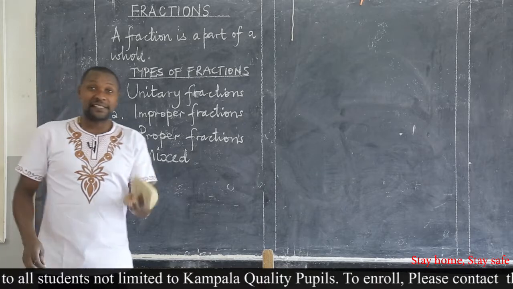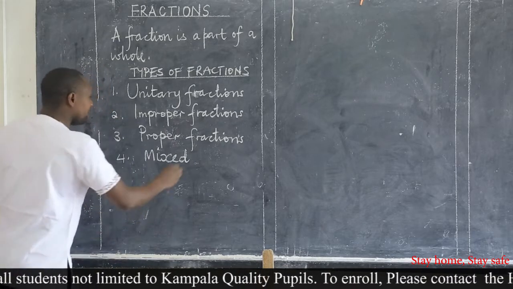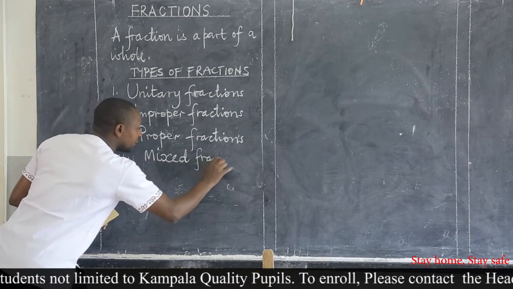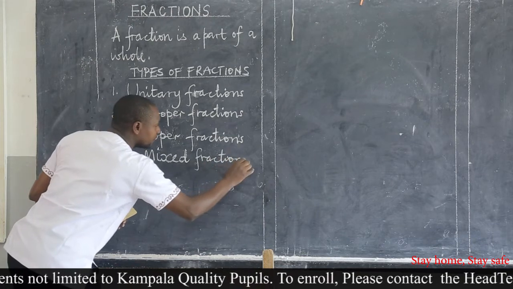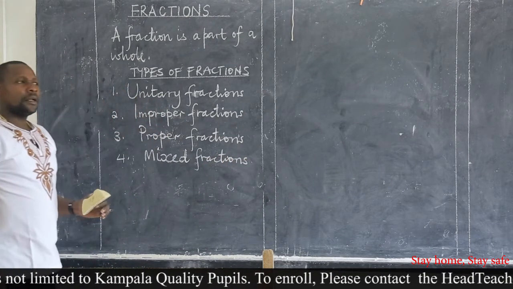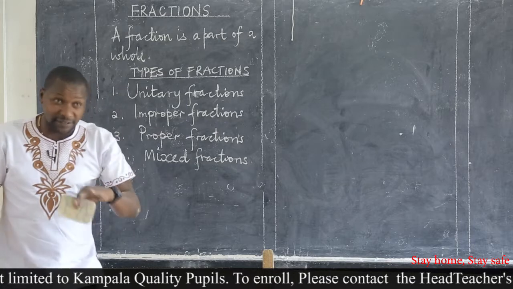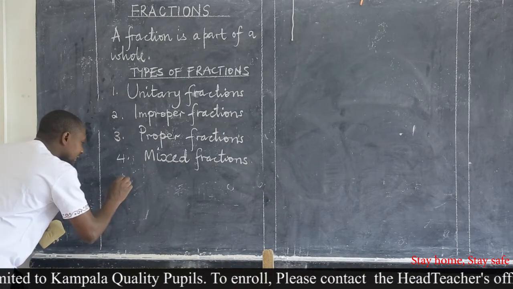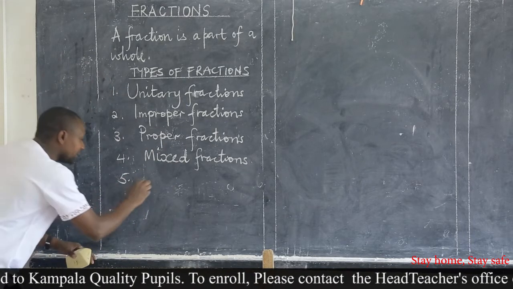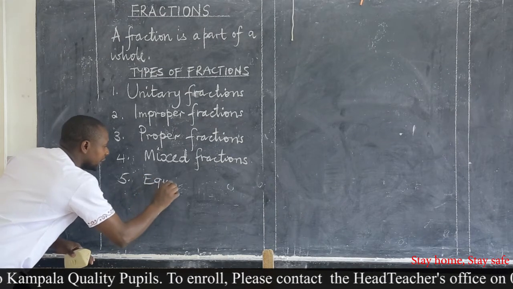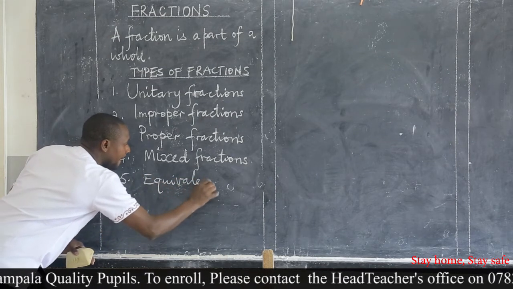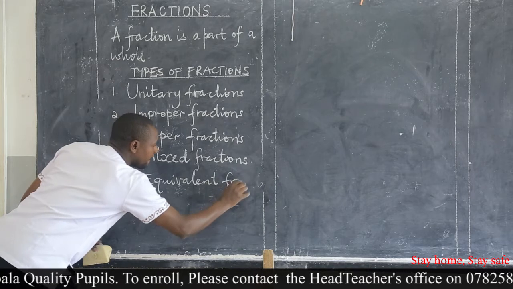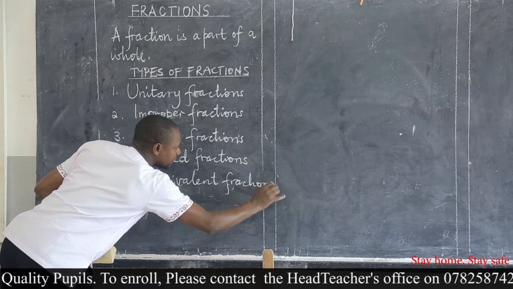Some call them mixed numbers, others call them mixed fractions. They all work. As we move on under this lesson, we shall also meet another type. Hope you've never heard of this one. It is called equivalent fractions.